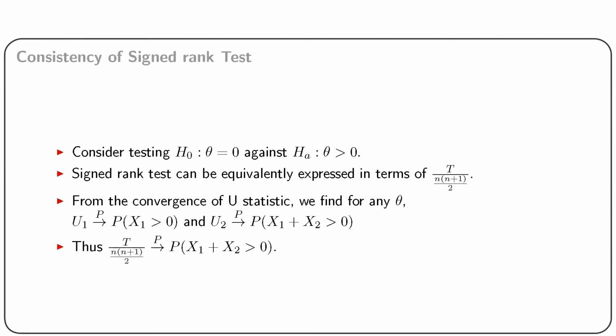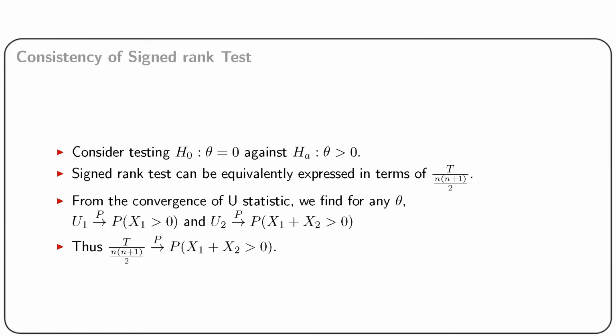2. From the convergence of U statistic, we find that for any theta, U1 converges in probability to probability x1 greater than 0 and U2 converges in probability to probability x1 plus x2 greater than 0.